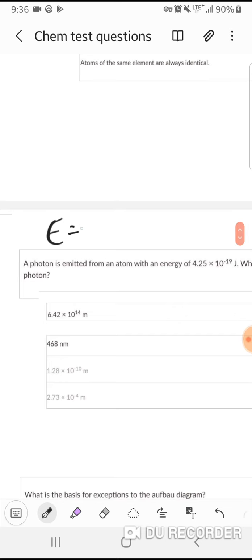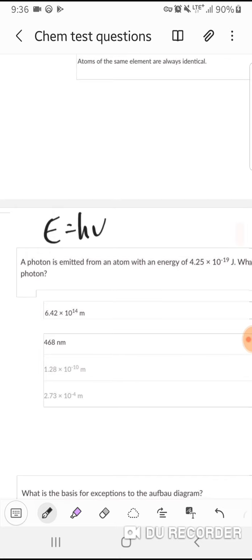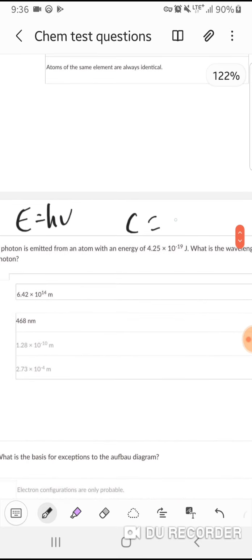So E equals hv. And then here, now c equals lambda v. Okay. c is the speed of light.